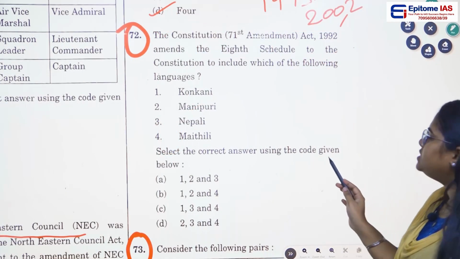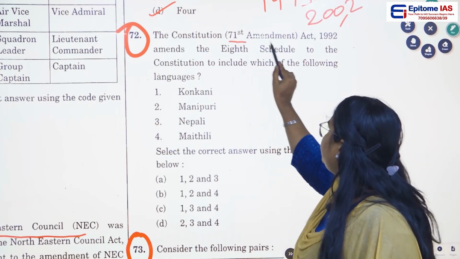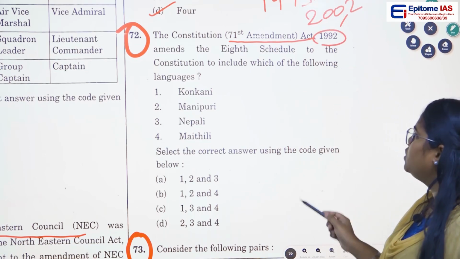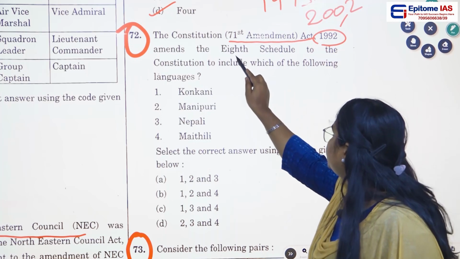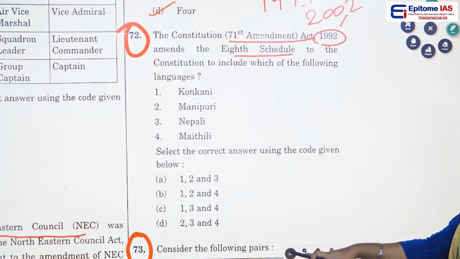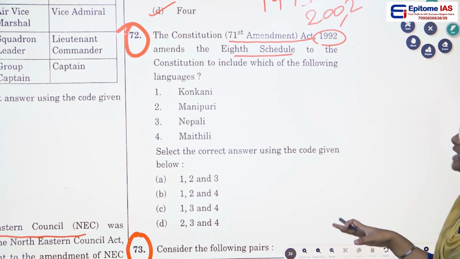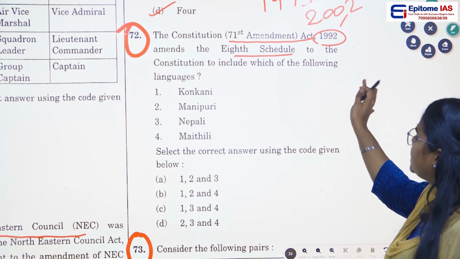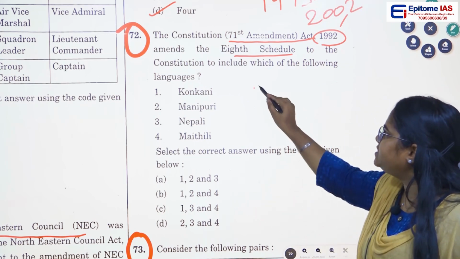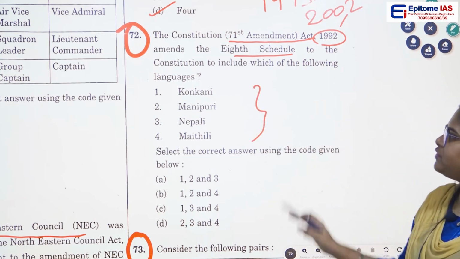So the next question is, the Constitution 71st Amendment Act of 1992 amends the 8th schedule to the Constitution to include which of these particular languages? They are asking in the 71st Amendment Act 1992, they have added some of the languages to the 8th schedule of the Constitution.